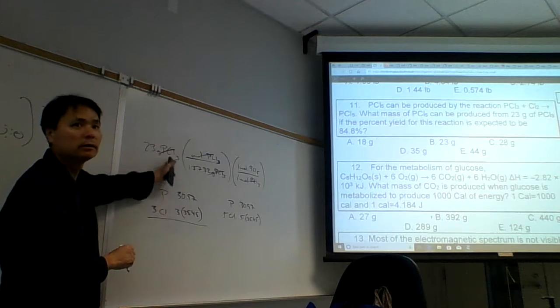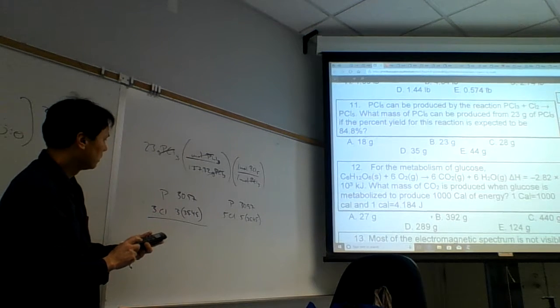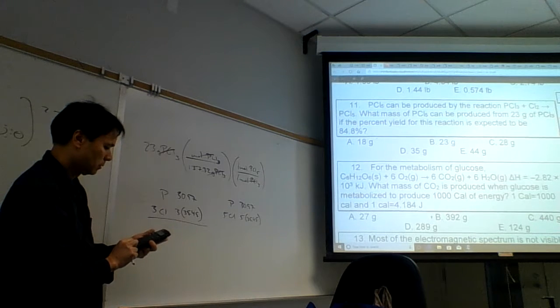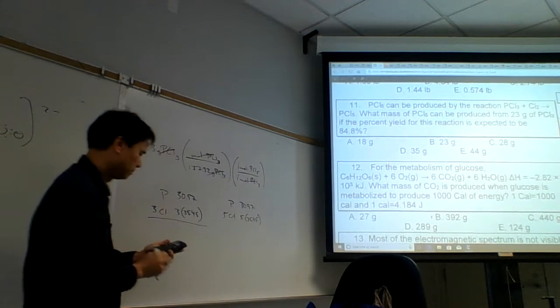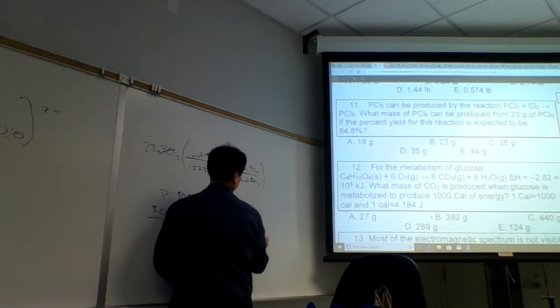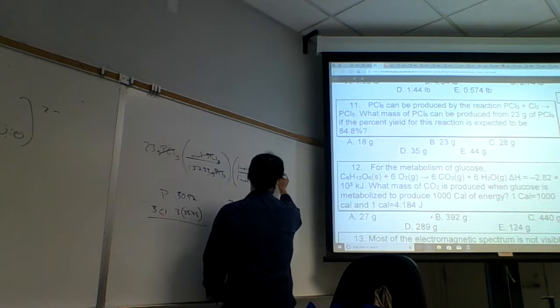So we get 208.22. Is that what you got? Yeah. So 208.22 grams of PCl5. This is pure PCl5 per mole.